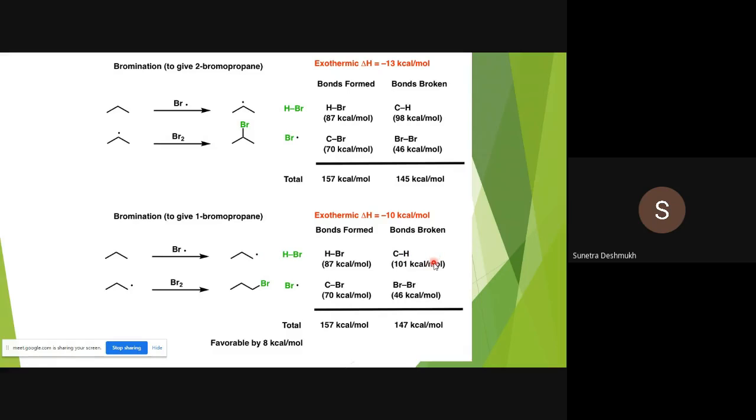The energy needed to break that C-H bond is higher, 101 kilocalorie per mole, and due to that the primary halogenation reaction is less selective, and it is more selective than the secondary radical, secondary alkyl halide formation. So here is the reason why the secondary alkyl halide is formed selectively over the primary alkyl halide.